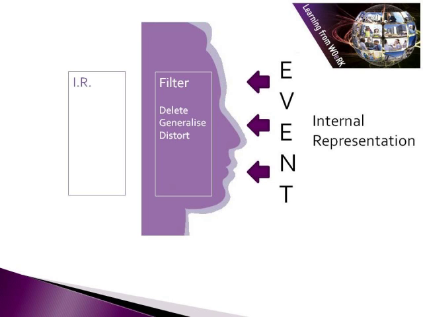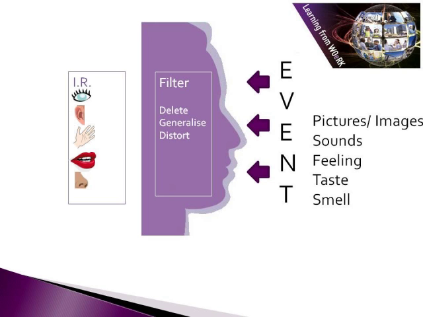As a mentor, you'll want to find out how is your client thinking about the situation. What is their perception of it, and is it helping them or hindering them? We hold that internal representation in our mind either as pictures and images. So you will have an image of where you went on holiday last year, for example. As sounds.